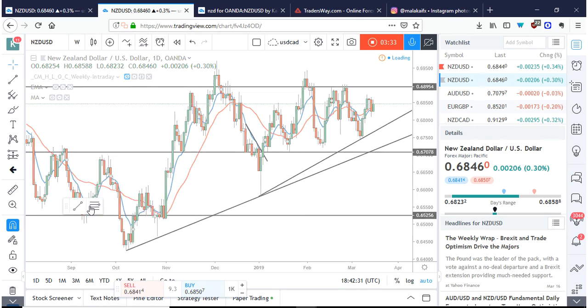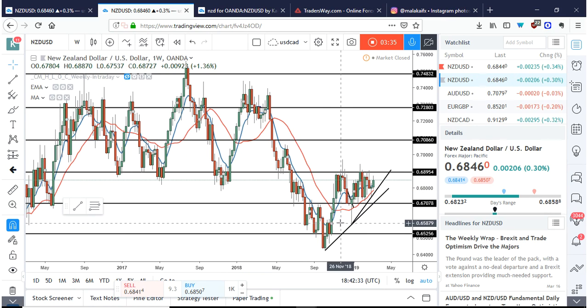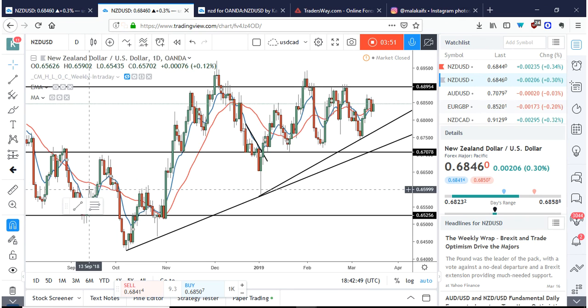So focus on the weekly. What's the weekly? So price has crossed here, and the blue is above the red. So you have more of a bullish bias on this pair. Move down to the daily. You also have the line moving across above the blue.